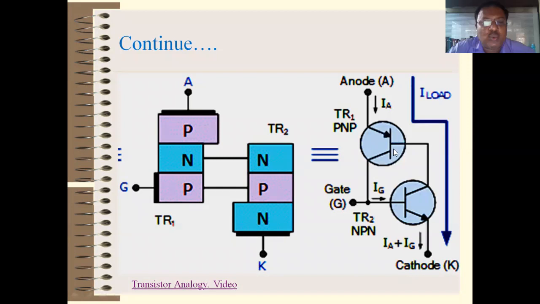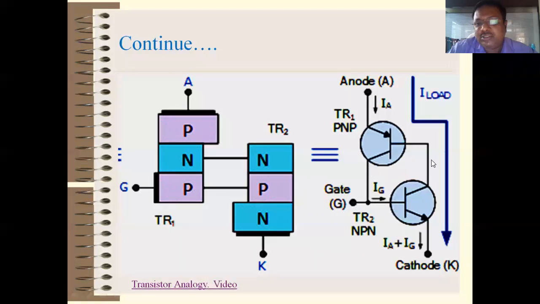And once these two transistors turn on, then if you remove the gate current, still these transistors continuously stay on. Why? Because the collector current is the base current of the other transistor. See, the collector current of transistor T2 is the base current of transistor T1, and the collector current of transistor T1 is the base current of transistor T2, right?